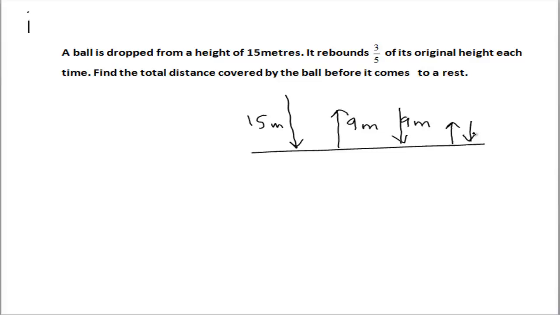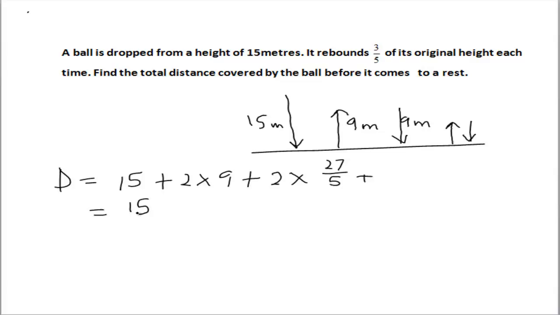Our distance that the ball would cover will be 15 plus 2 times 9 plus 2 times 27 over 5, and it carries on. Then 15 is on its own, and let's remove the 2 as a common factor, and we'll get 9 plus 27 over 5, and it will continue like that.